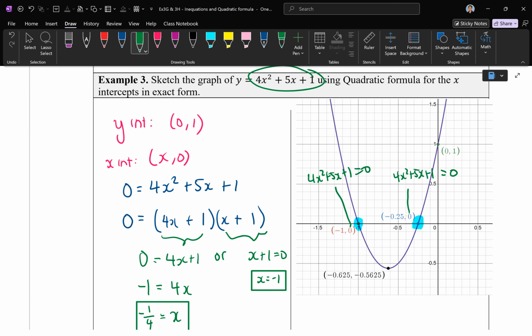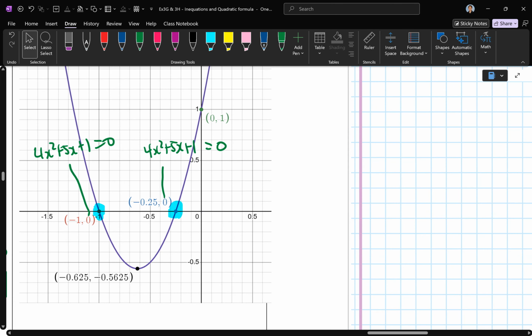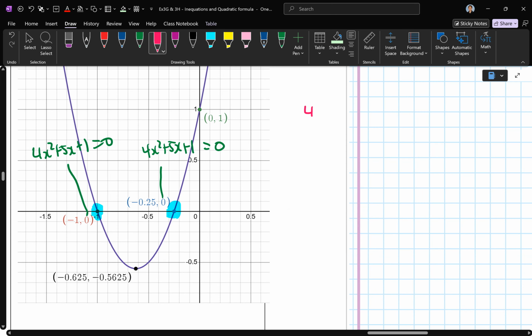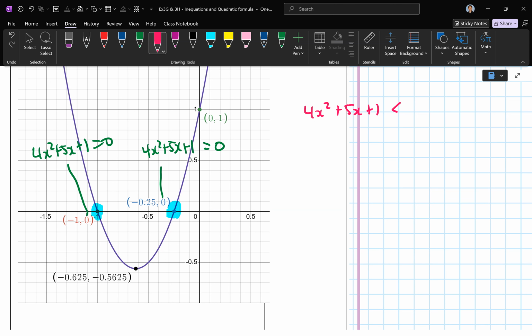It's the equal signs. When we change the question in exercise 4G, I'm asking you now, when will 4x squared plus 5x plus 1 be less than 0? So this is when y is 0. Where on the graph will you have a y value smaller than 0?